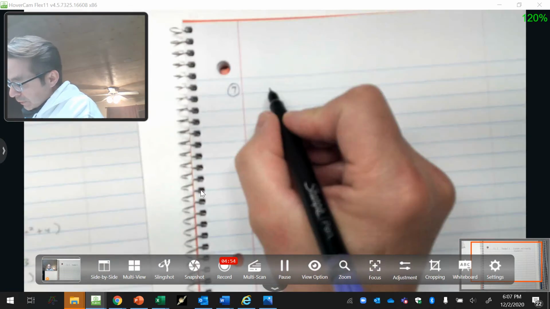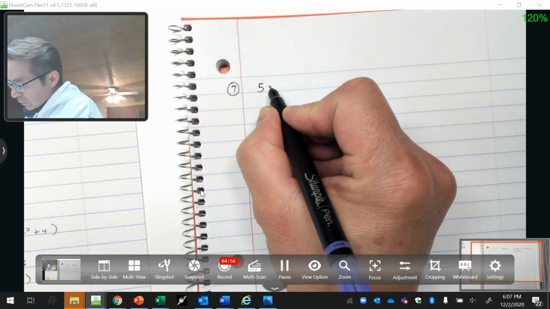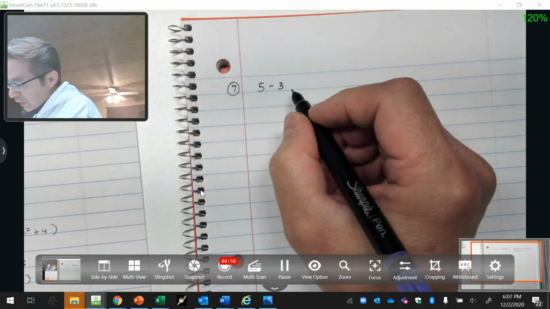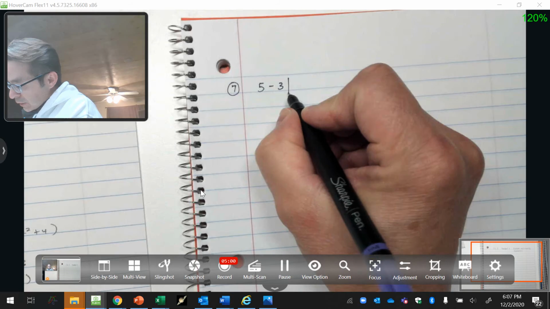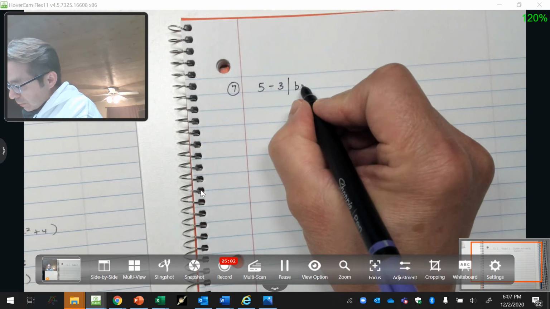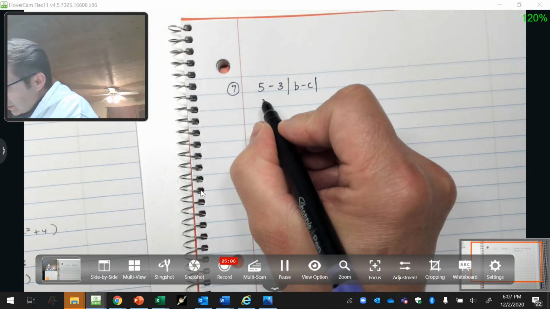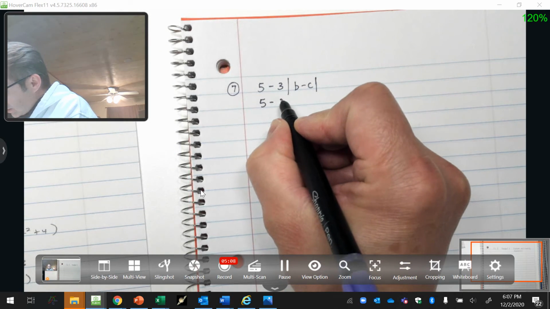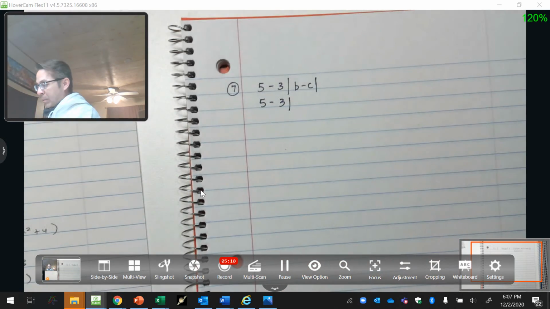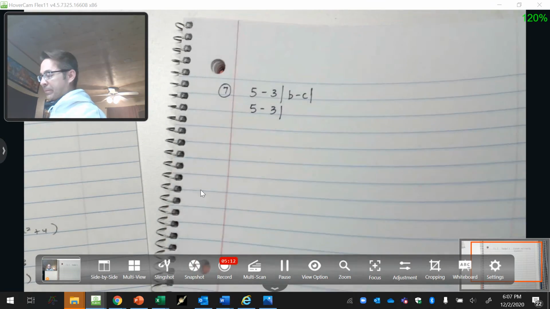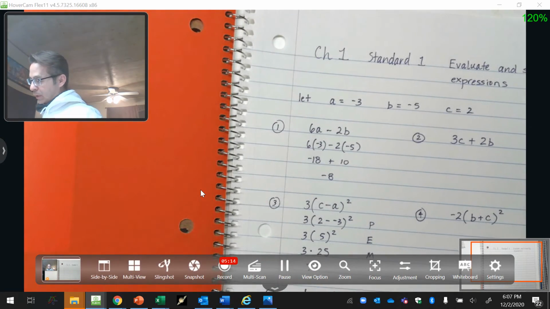More complicated in terms of order of operations. So you get 5 minus 3 times the absolute value of b minus c. And I don't remember what I said b is. My bad.